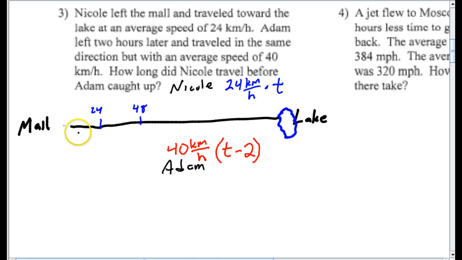That's when he leaves, and he starts going. His first is at 40 kilometers. So really, after only 1 hour, he's almost caught up with her. She's at 48. He's at 40. Yeah, it's pretty fast.